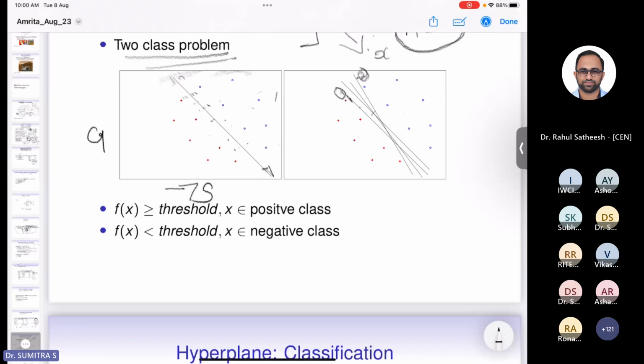Suppose the new data is here. If I show it to line number 1, it will say it is a normal subject because it is lying on this side. Now if I show it to line number 2, it will say it is an arthritis person because it is lying on this side.